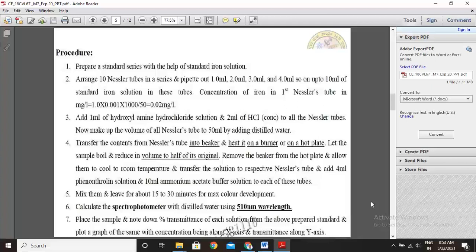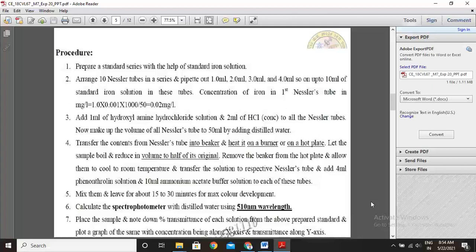Means now you fill each Nessler tube with 1 ml, 2 ml, 3 ml etc. in increasing order. The concentration of iron in the first Nessler tube in milligram per liter: we calculate 1 into 0.001 into 1000 divided by 50, and we get 0.02 milligram per liter. The concentration is calculated based on this.